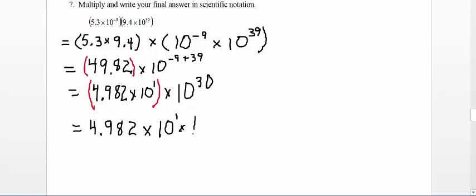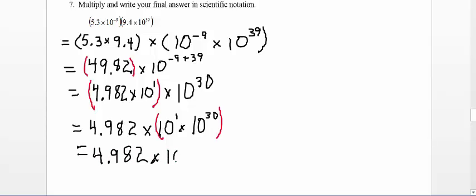But now I have to multiply that by that 10 to the 1st that came from converting my 49.82 to scientific notation. So I need to multiply these 2 powers of 10. And I wind up with 4.982 times 10 to the 31st as my final answer.